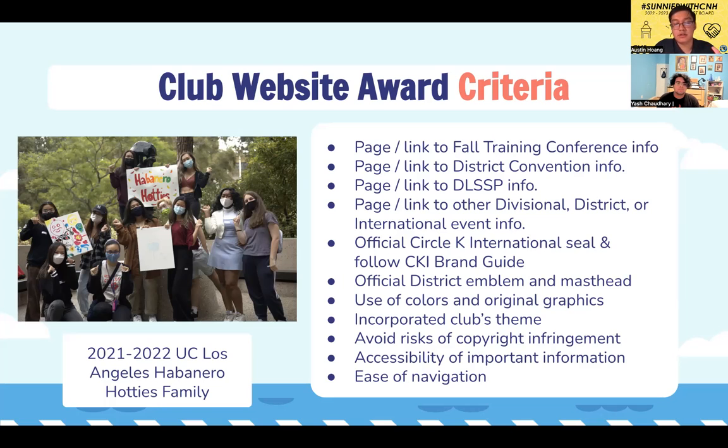Also, as I stated earlier, you need to follow the Circle K International Brand Guide and feature the official CKI seal, as well as the district emblem and its masthead, and just some other aspects of the website award that could be unique to you, just using colors or graphics that might relate to your club's overall theme. And remember to avoid any risk of copyright infringement.